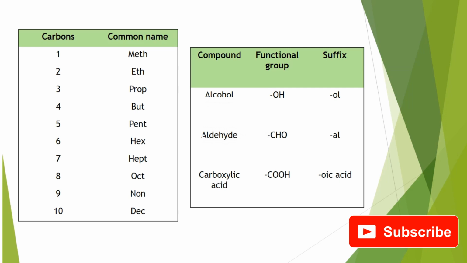Also, if the molecule is a carboxylic acid, then the name will end with OIC acid. So these are commonly used functional groups as well as the common names of the molecules.